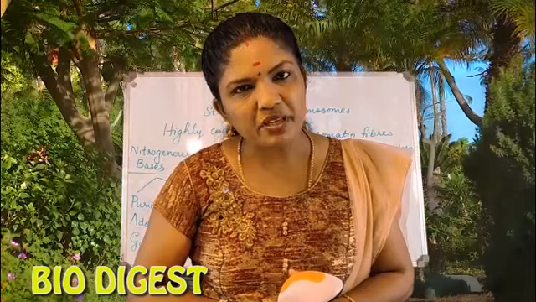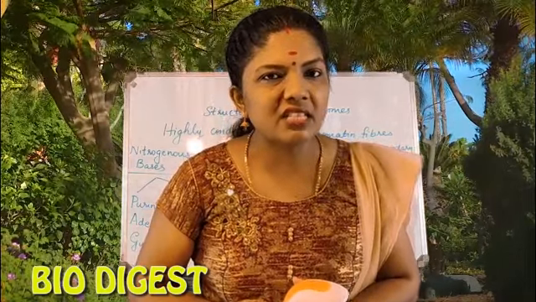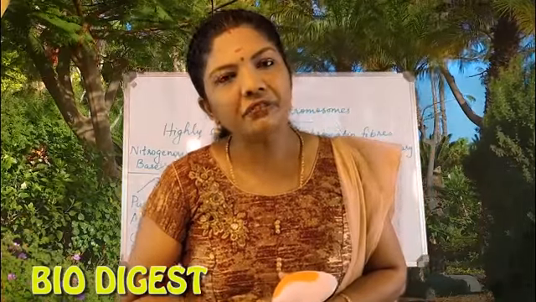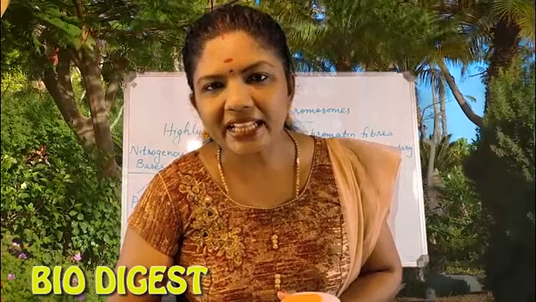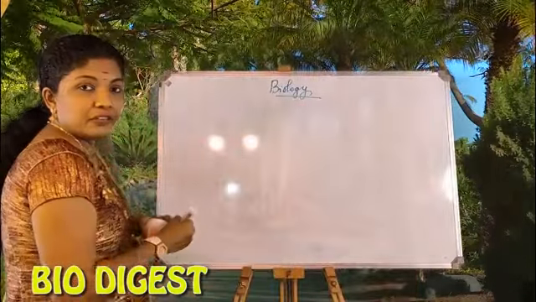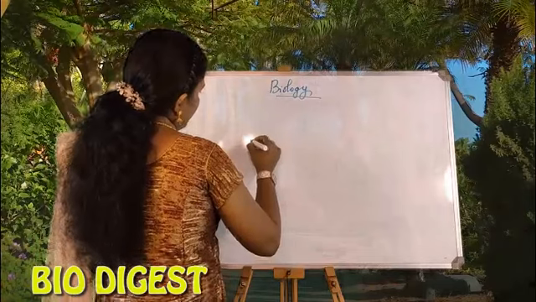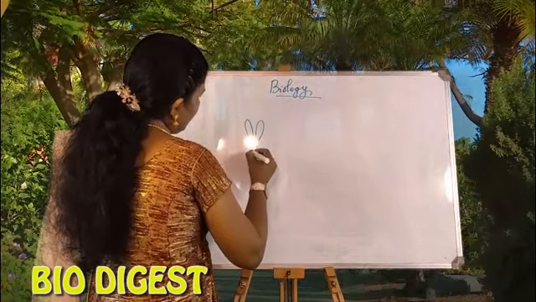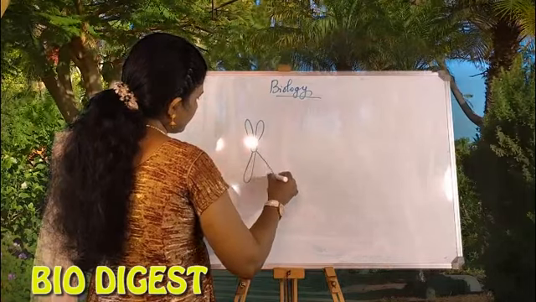The chromatin fiber is made up of 60% proteins, which are called histones, and 40% DNA, that is deoxyribonucleic acid, which is the genetic material. Structure of chromosome. When you are drawing, the chromosome will appear like this.